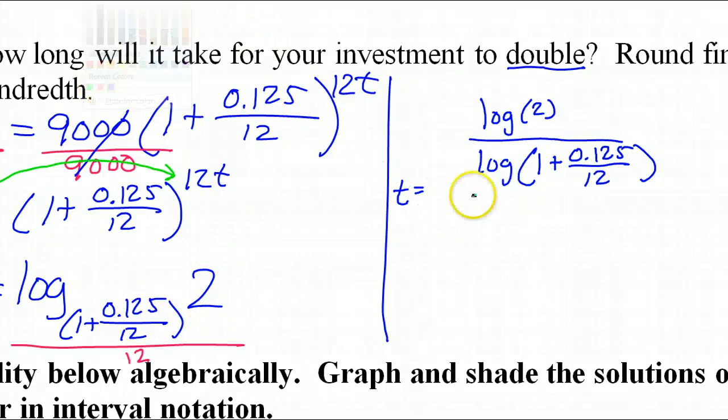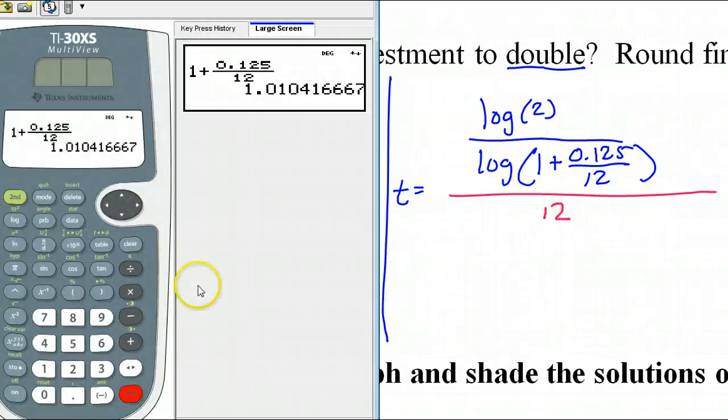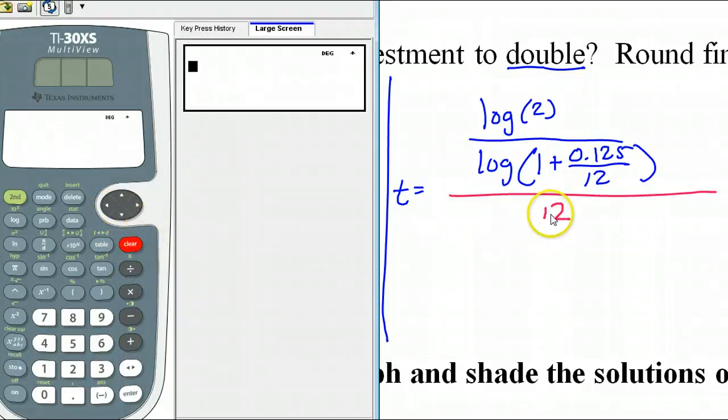Now remember that this whole thing is being divided by 12. Okay? If you're clever, you can type this entire expression into your calculator all at once, which I will do right now. Notice the 12 is in the denominator, so this is my favorite way to do it. So the 12 is in the denominator all by itself. The numerator in blue here is a fraction, so I can just go to the numerator and make a fraction.